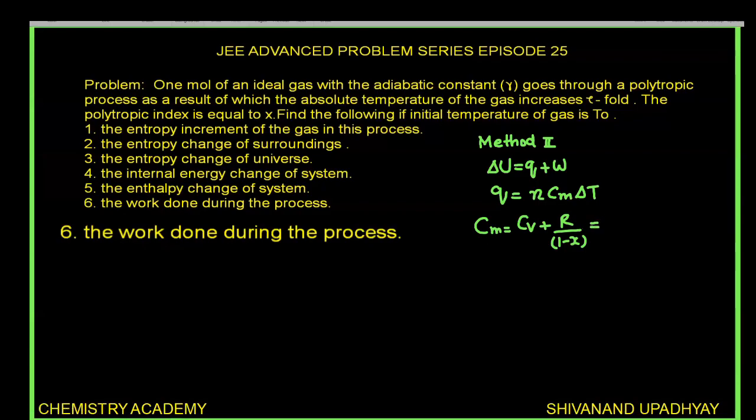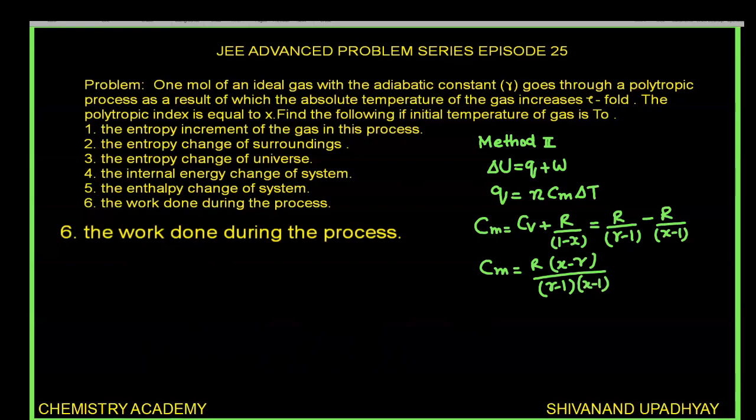Here Cv can be written in terms of gamma. So Cv is equal to R upon gamma minus 1, and the other term, if I simplify, can be written as minus R upon x minus 1. So from here the value of Cm is, taking R common, R into x minus gamma upon gamma minus 1 into x minus 1.